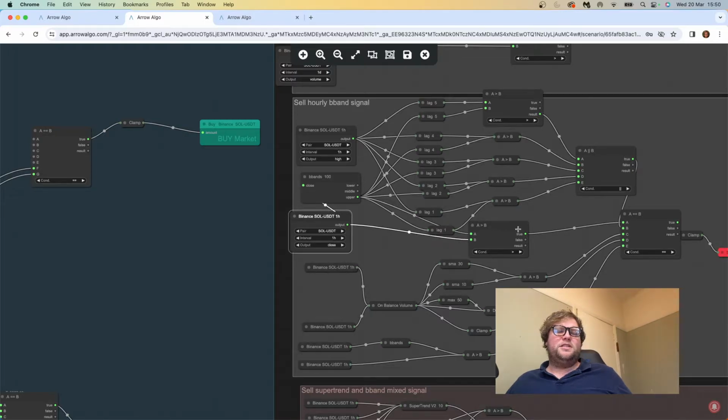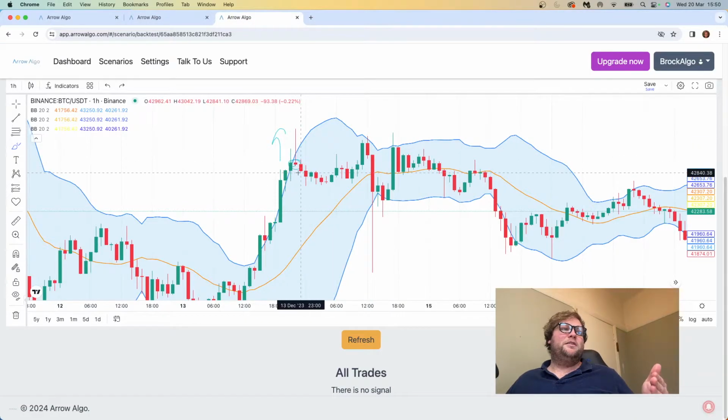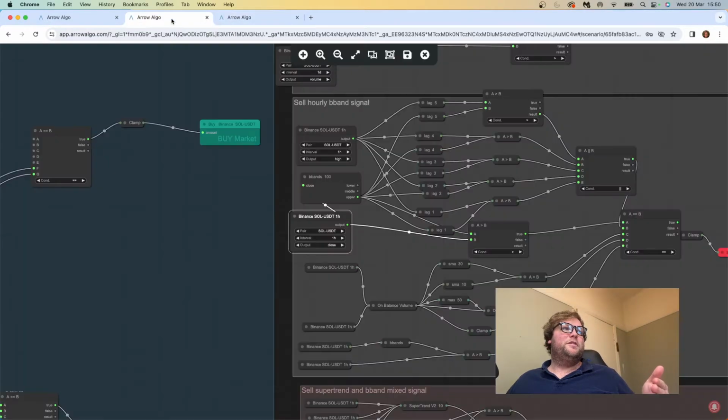So the same concept as before. We want to see that the high price has been above the upper band, and now that it's dipped back below it, the only difference here is that we're looking at an hourly chart rather than a daily chart.